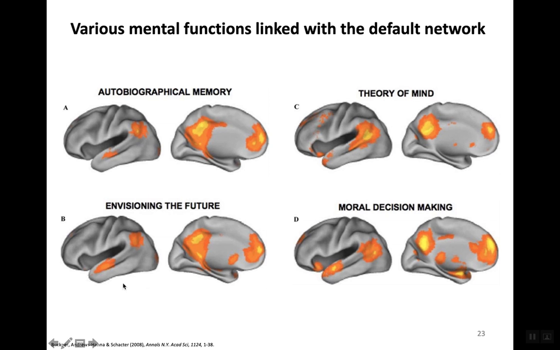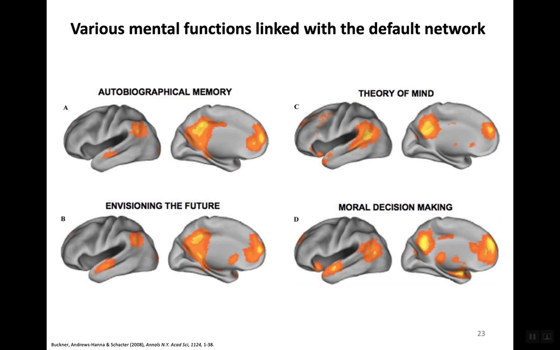And Randy Buckner is one researcher that made a significant contribution in this sense by outlining the similarities, if not the identity, of these different neural resources with respect to what nowadays we call the default network.